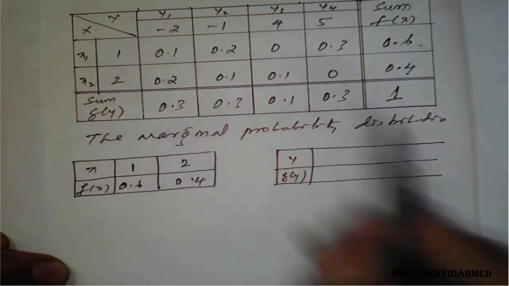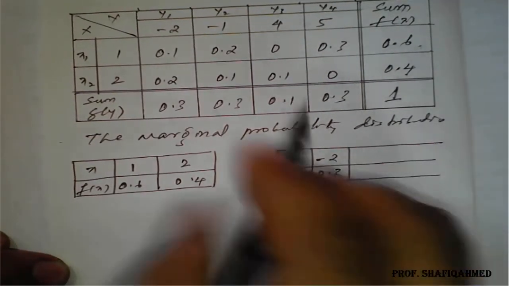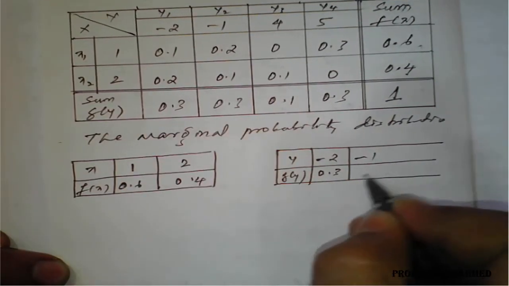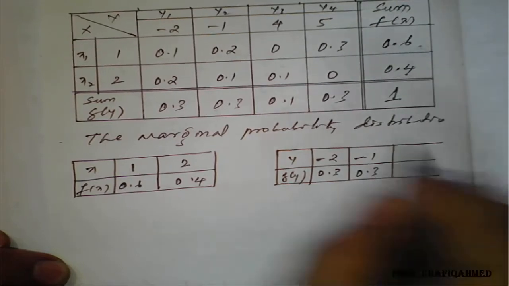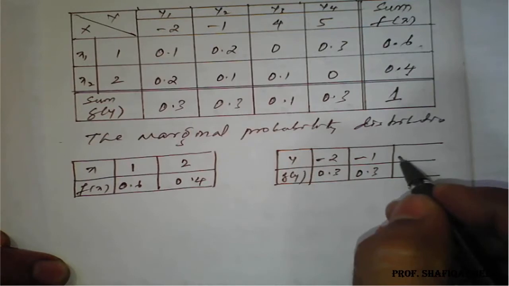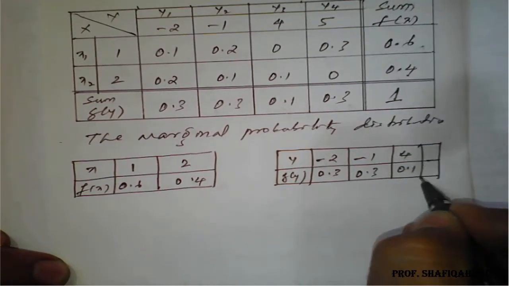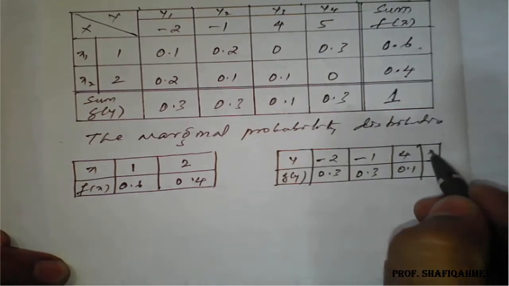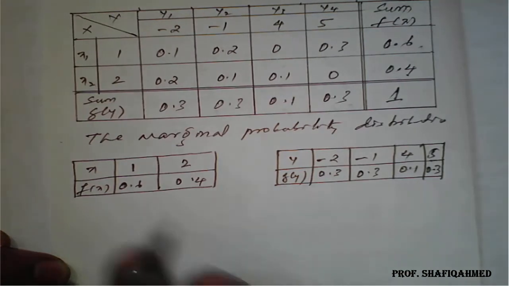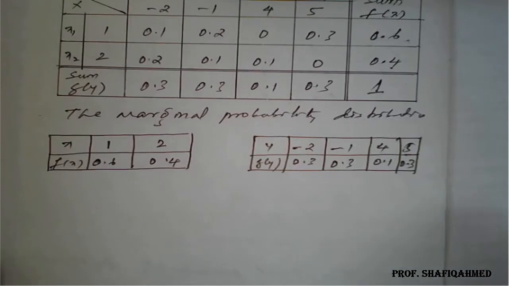For -2 it is 0.3, for -1 it is 0.3, for 4 it is 0.1, and the last one, for 5, it is 0.3. So we have now created the marginal distributions. Now we'll go for the first one.